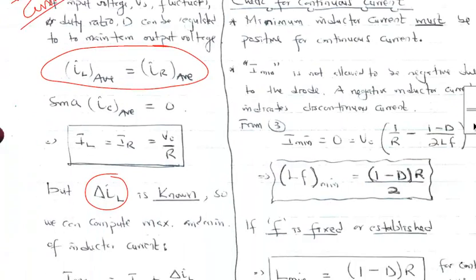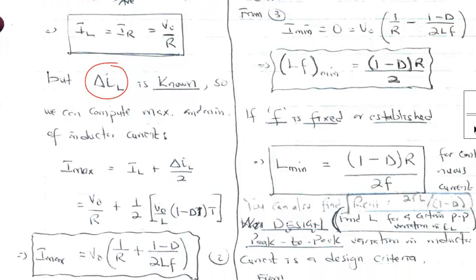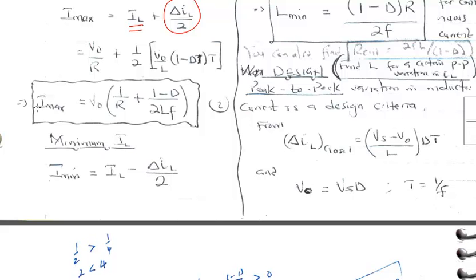So with that in mind, we can write IL max and IL min. This I max over here is basically IL max, and it is equal to the average IL plus the change in inductor current divided by 2. If we pick one of the expressions we obtained for the change in IL, then we can come up with an expression for finding IL max, the maximum inductor current.